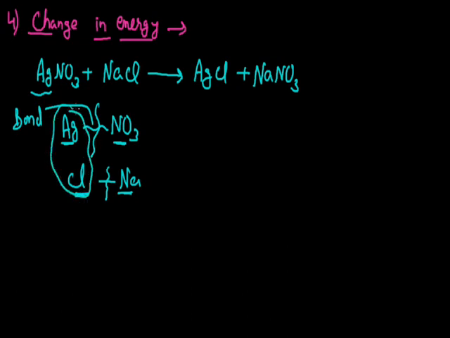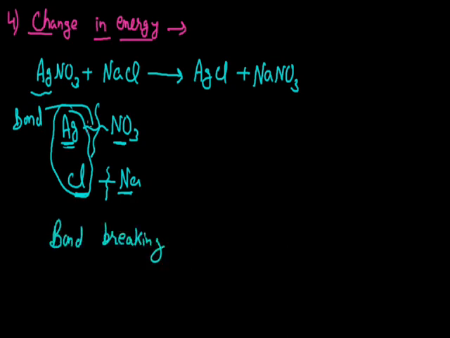So if I talk about the chemical reaction or the chemical change, here the bond formation between the newly formed products and the bond breaking, here we can find that the bond is going to break between silver and nitrate. So in the chemical change, the bond breaking and the bond formation, both processes occur simultaneously.